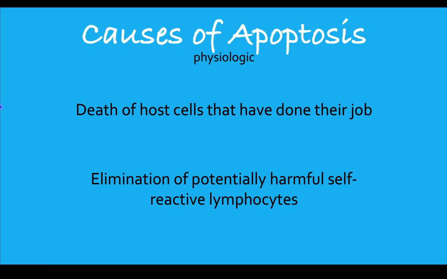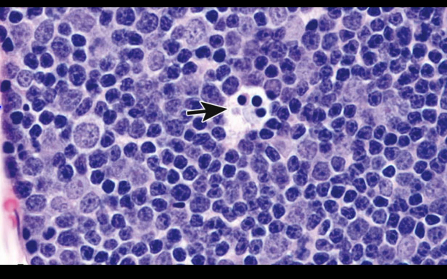And then the last example of physiologic atrophy or apoptosis would be elimination of cells that are potentially self-reactive. So in the thymus, you have these T cells that are maturing, and as this is happening, you have selection. So you have positive and negative selection of T cells. And so the body's essentially going to kill off any of these T cells that could be self-reactive. So here's an example of that. So this is in the thymus, and you can see the thymocytes in there.